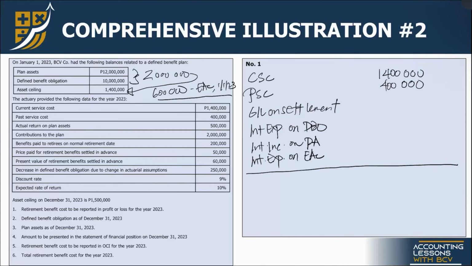So, compare natin tong dalawa. Price paid for retirement benefits settled in advance and the present value of retirement benefits settled in advance. Sino mas higher? It is the present value. So, ibig sabihin, mas mababa yung settlement price kesa sa PV ng benefits. So, that will result to what? Gain or loss on settlement?